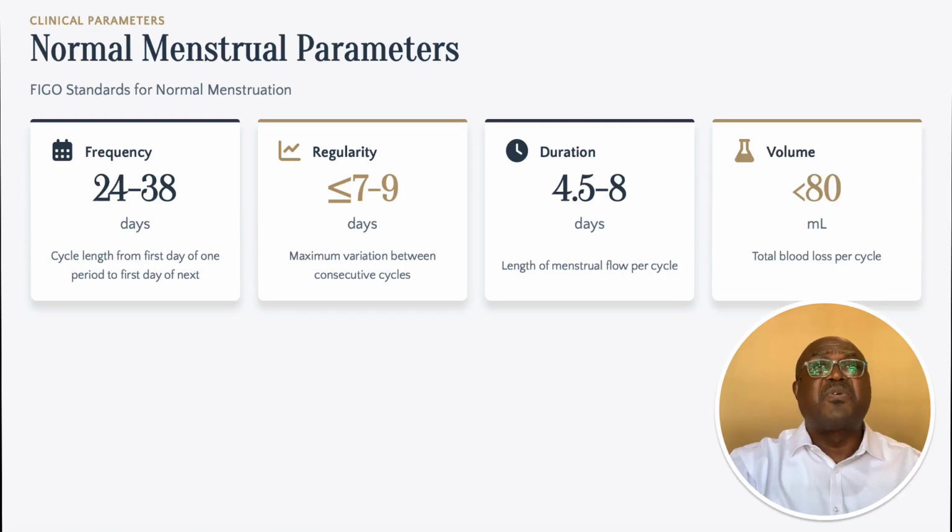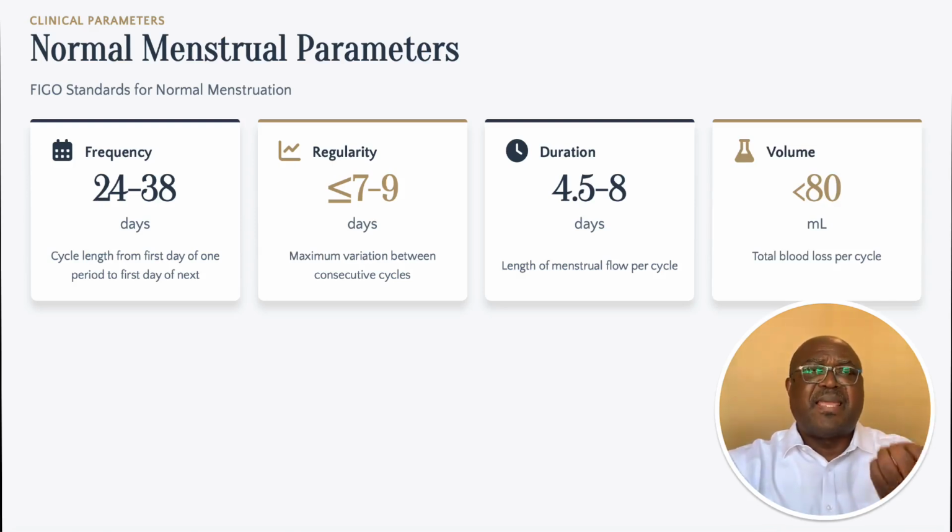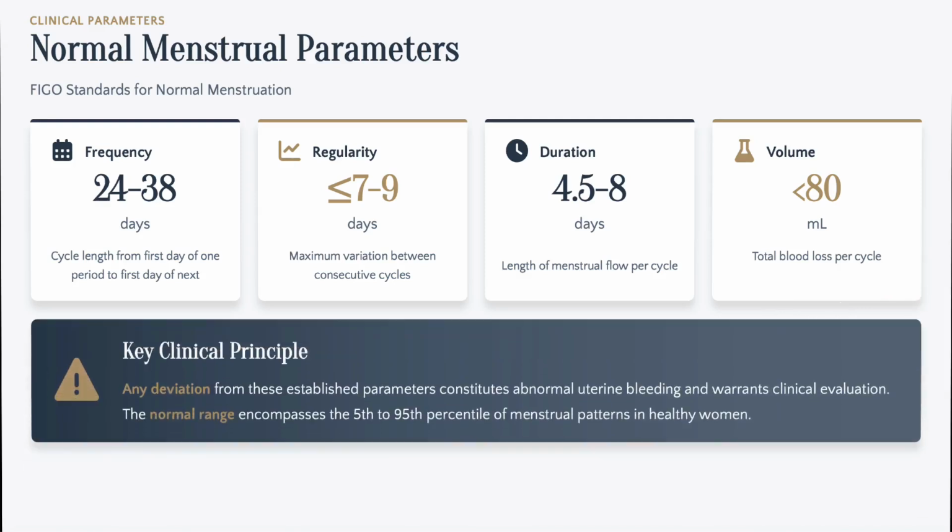And perhaps most importantly is measuring the blood loss, which should be less than 80 milliliters per cycle. Beyond this, women will develop iron deficiency. So here is the key clinical principle. Any deviation from these established normal parameters constitutes what we call abnormal bleeding, and warrants what? An evaluation.